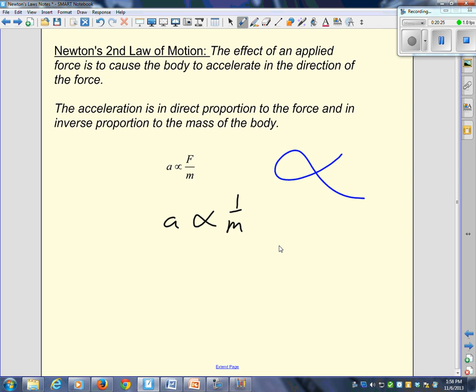If I have a 10 on the bottom or 100, which one of these has a bigger mass? The 100. Which one of those is a bigger number? 1 over 10 is a bigger number. Bigger number on the bottom means smaller number altogether. That's what an inverse proportion is.